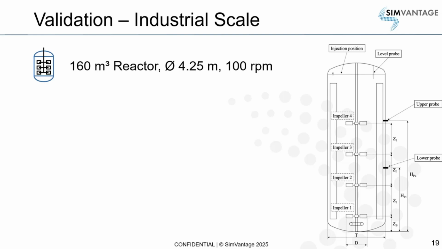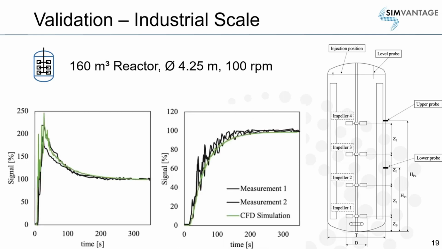And we did a digital copy of this reactor in our software, placed 2 virtual probes at the positions and injected a substance at the top and let it homogenize. And then you can compare the measurements of the virtual sensor in green with the black experimental measurements, and you see that you have a very good agreement for both sensor positions.